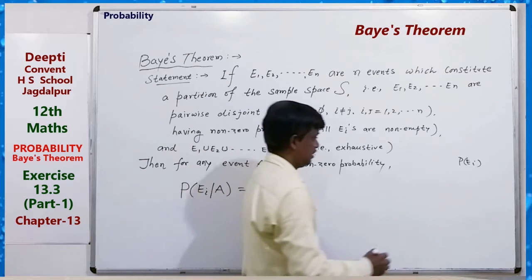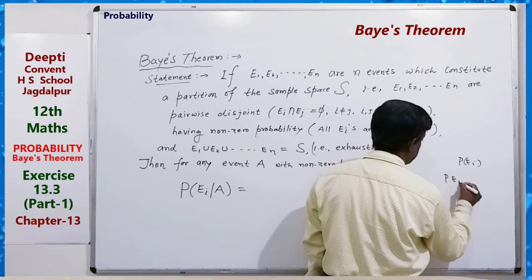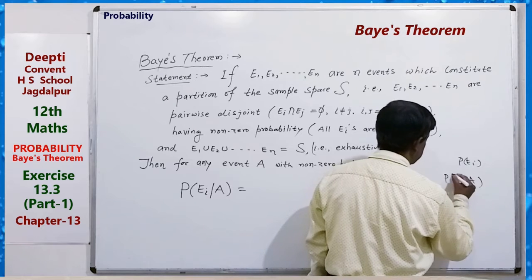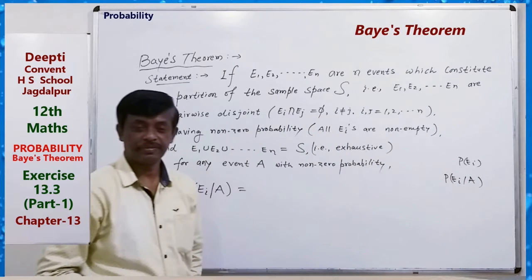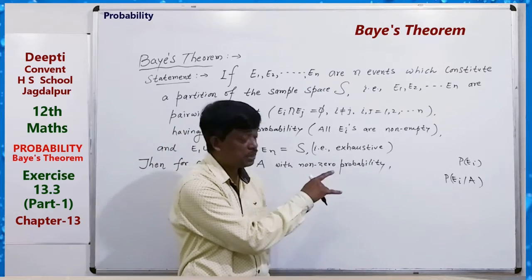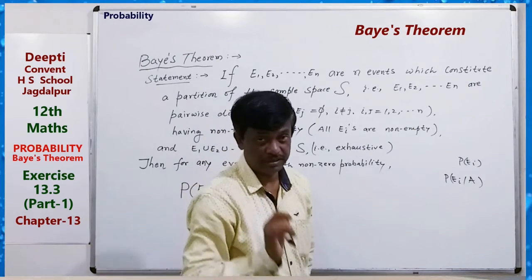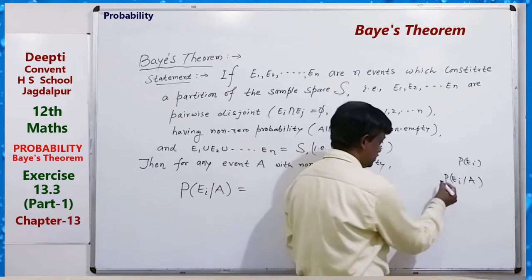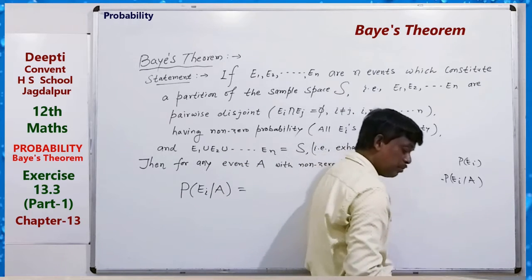P(Ei by A) is the posteriori probability.